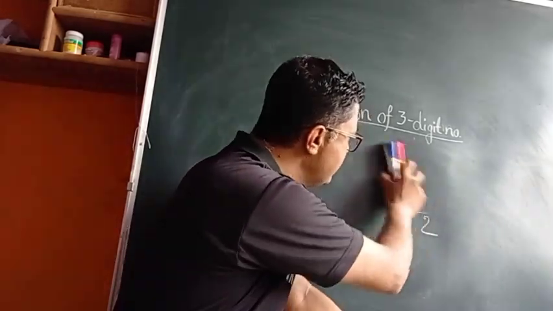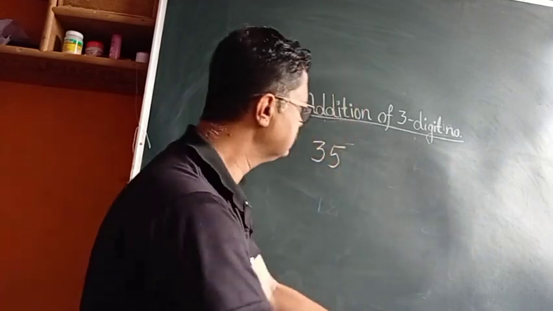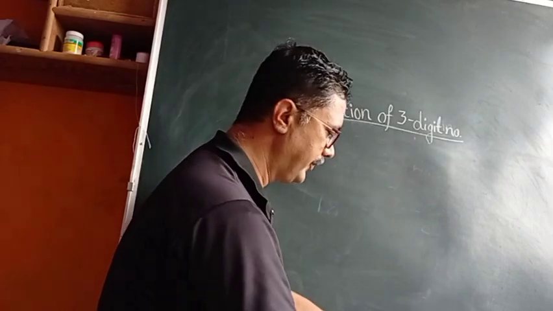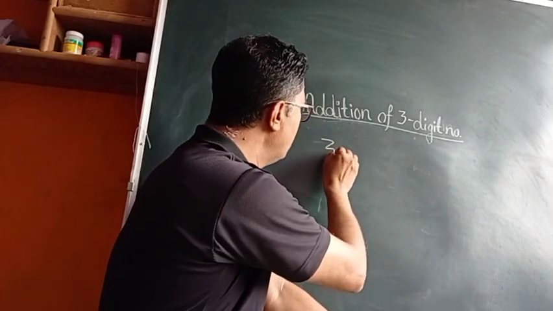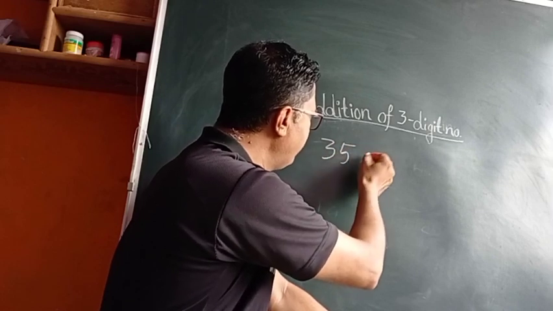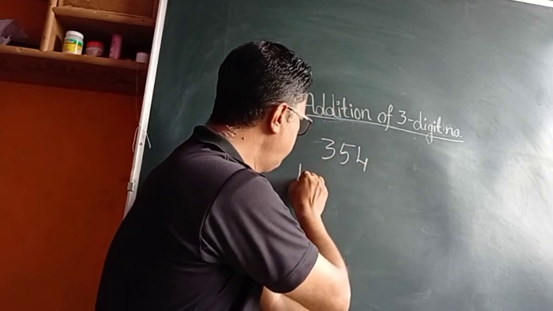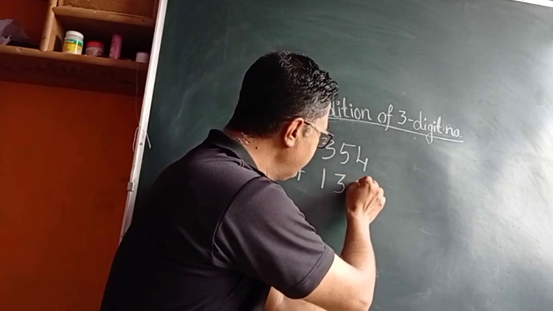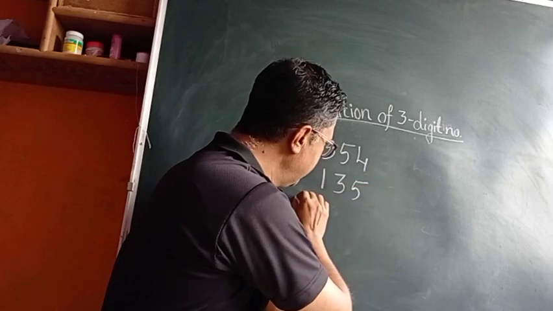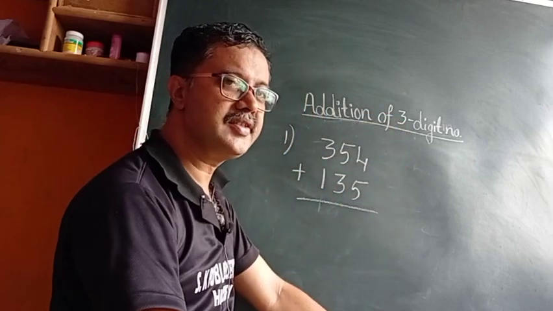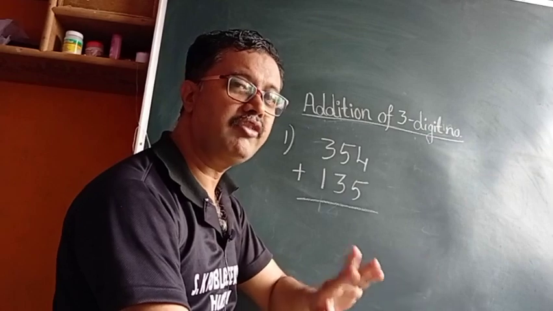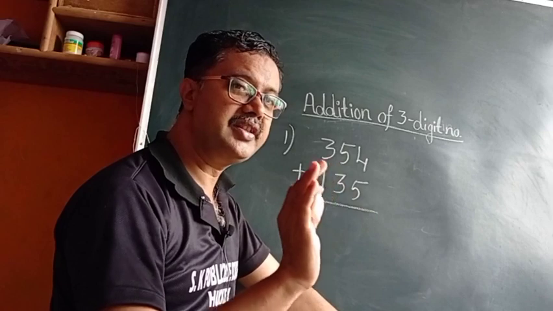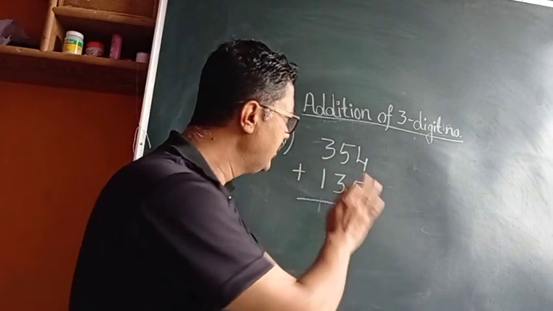I will erase this. 354 plus 135. This is a 3-digit number. Addition of a 3-digit number. Nothing changes here. Only the digits will be changed.